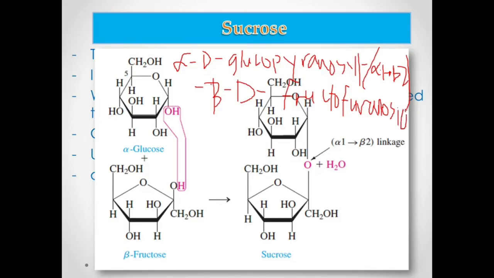So this is now the systematic name of sucrose: alpha D glucopyranosyl linked with alpha 1 to beta 2, beta D fructofuranoside.